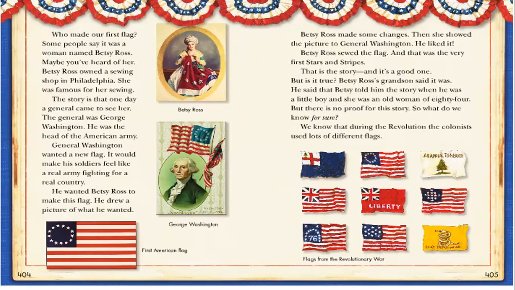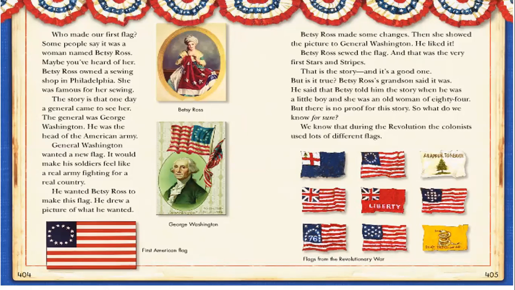Okay, these two pages describe the history of the American flag and how it came into being and why. Some people said that a general called Washington came to see a woman called Betsy Ross. He was the head of the American Army, and he wanted Betsy Ross to make this flag because this flag would make his soldiers feel like a real army fighting for a real country.